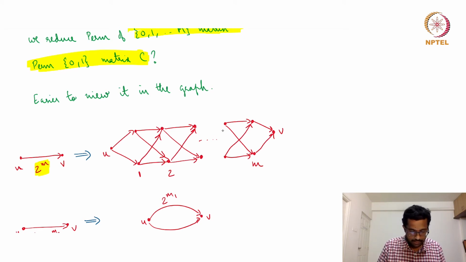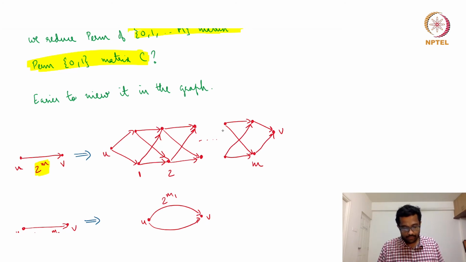So if you replace this edge uv of weight 2^m with this network, what happens is that any cycle that originally went through uv in the graph on the left hand side, now this edge uv is replaced by 2^m possible paths from u to v, and these intermediate vertices don't interact with anything else outside in the graph.